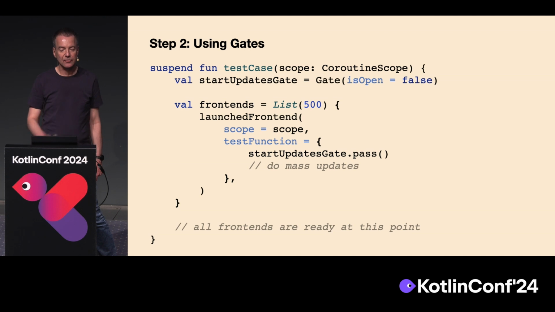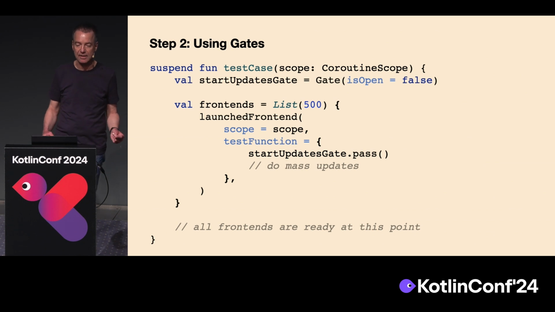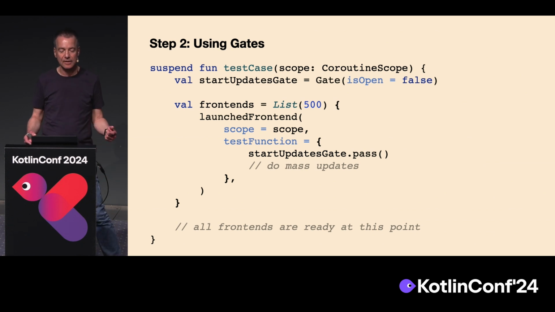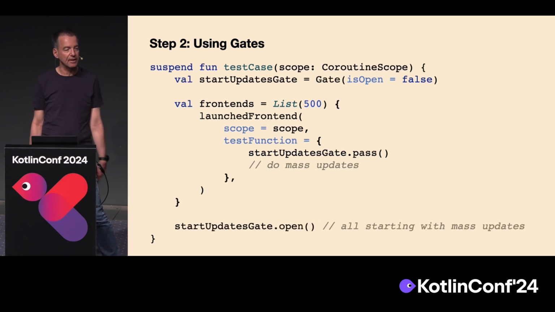And then at the end of this function, where 500 frontends have been started, all are waiting at the gates to open, we can be sure that our frontends are ready, because the launch frontend function guarantees via eventually that it would wait on each frontend until it's ready. So at this point, we could just open the gate and let them all run at the same time.